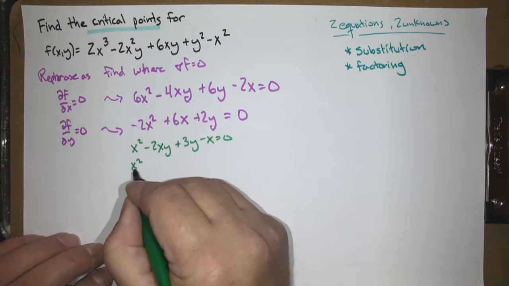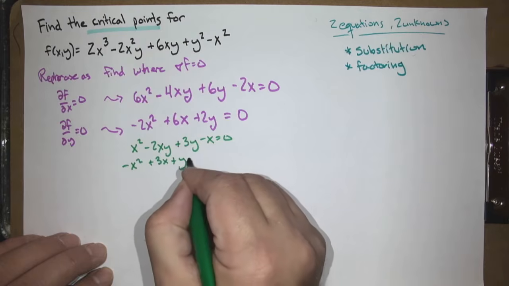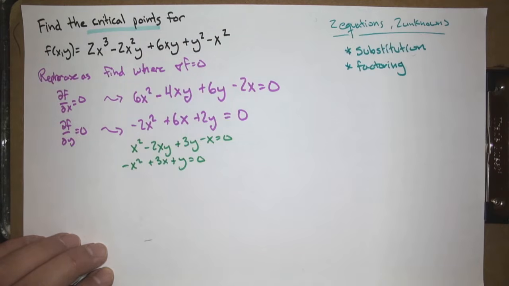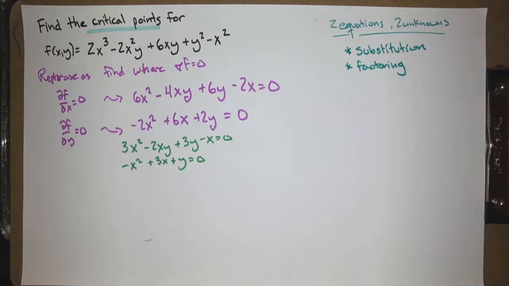And minus x squared plus 3x plus y equals 0. I don't see a really good factoring here. Maybe we'll see one later on.